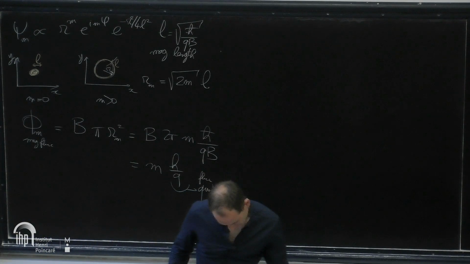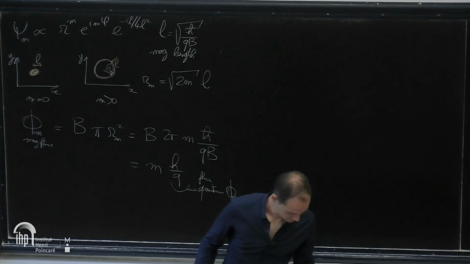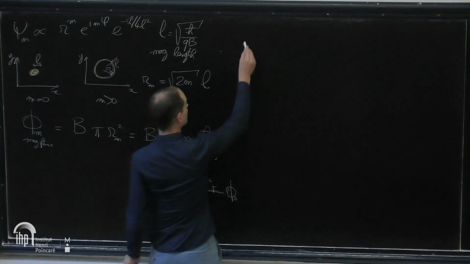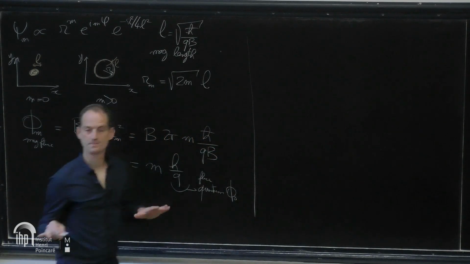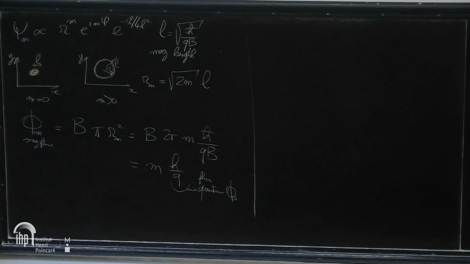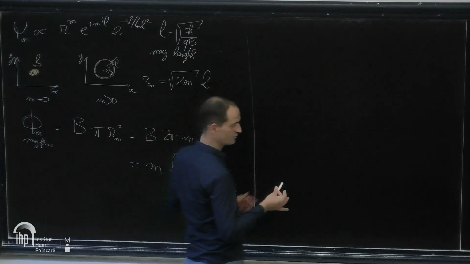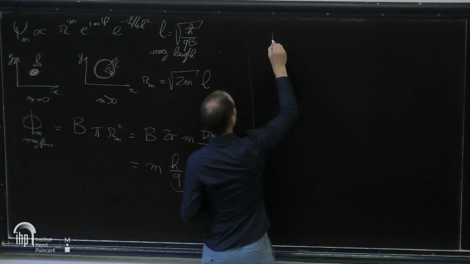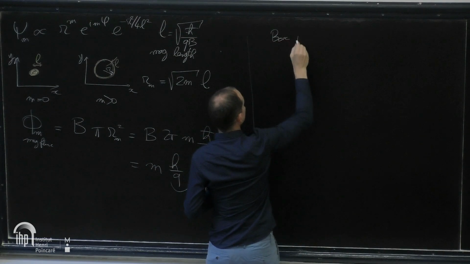So let me check, but I think that's all I needed to say about those states. So far I have considered an infinite plane without boundaries. And to be a bit more concrete, we can also wonder what happens if we consider a finite system. So I will consider a system in the presence of a box potential.